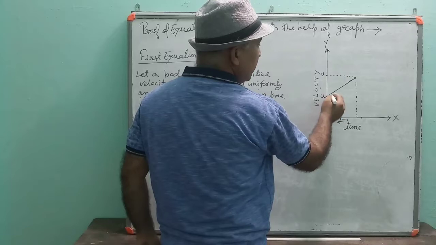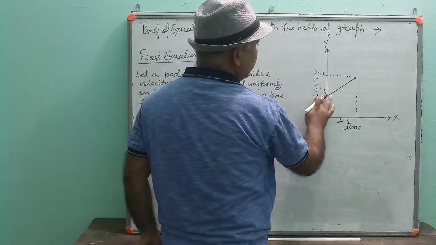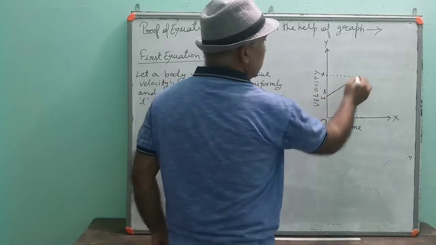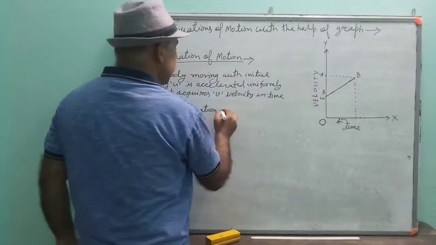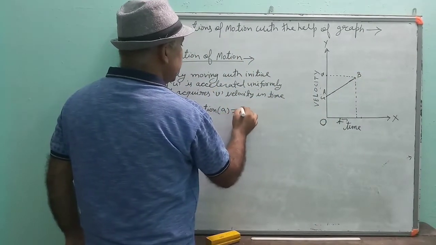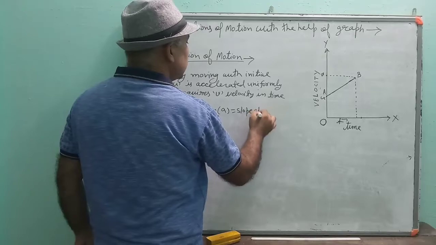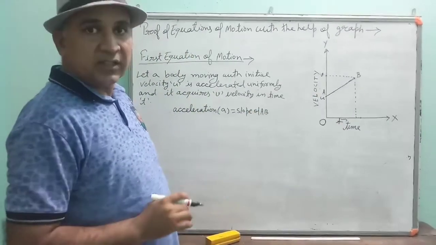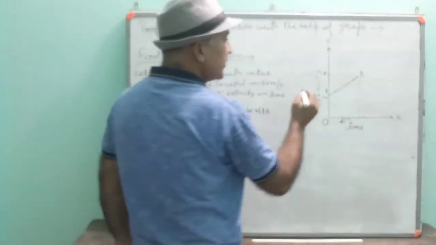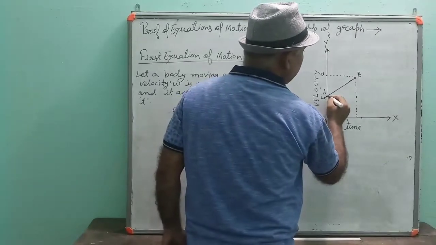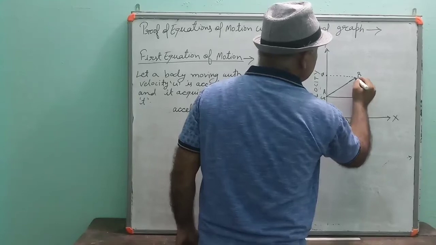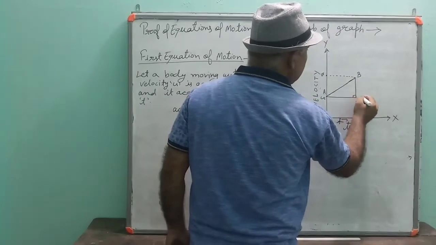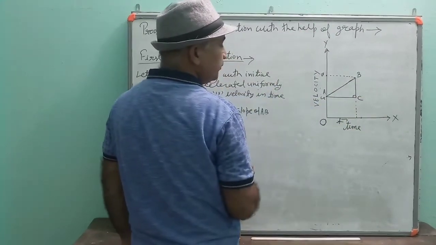Suppose this point is A, this point is B, that means acceleration will be the slope of AB, and we have learnt how to find the slope. To find the slope of AB we will join these lines. See, suppose this point is C.